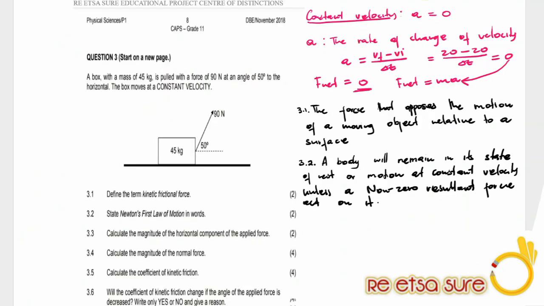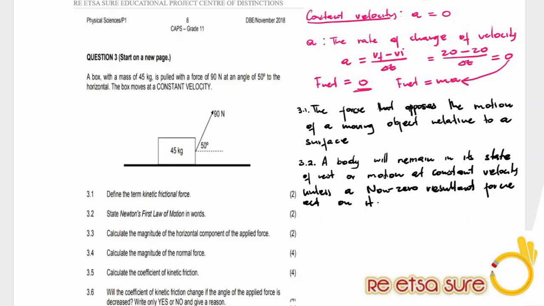Okay guys, the class that you are in right now, the building of that class will remain the way it is forever, unless there is a force that is acting on that class to destroy it. The duster that is cleaning the chalkboard, can you see it?